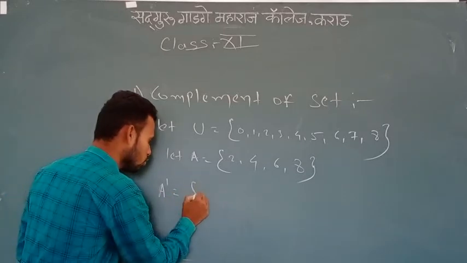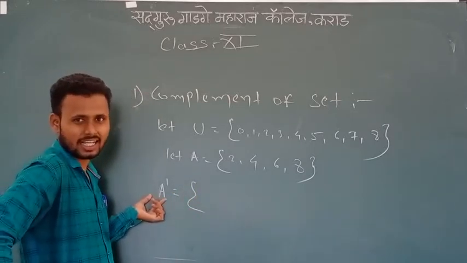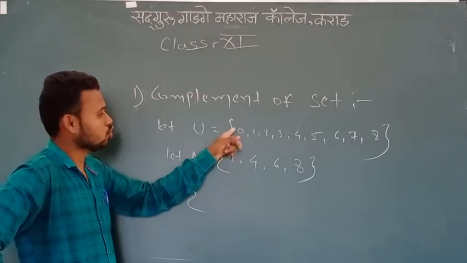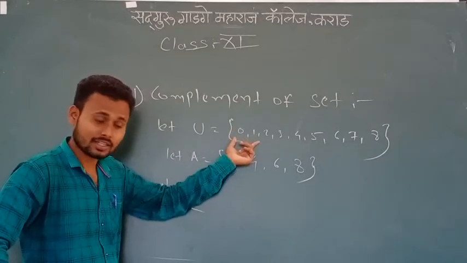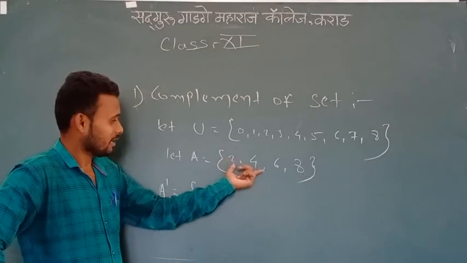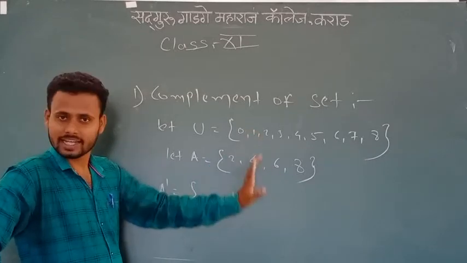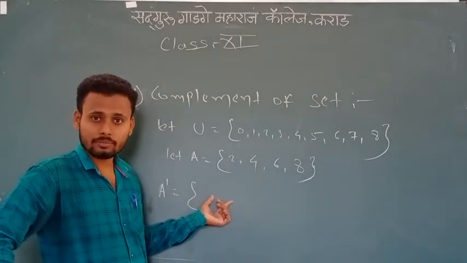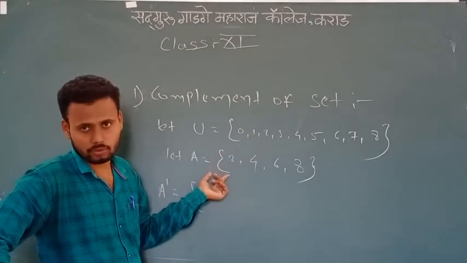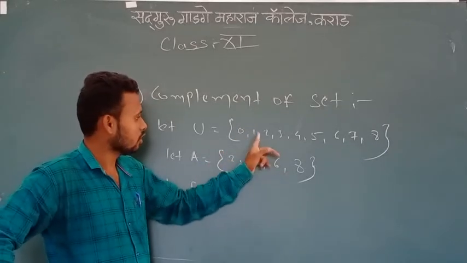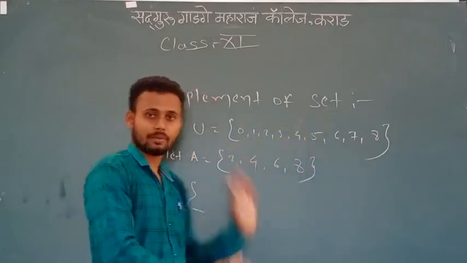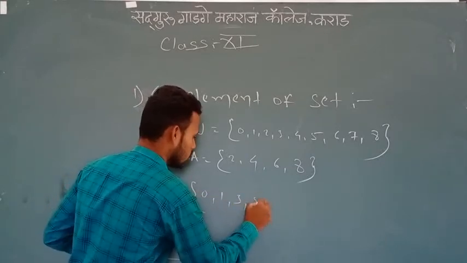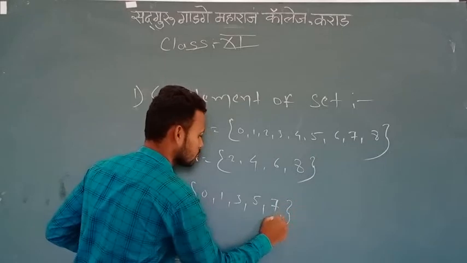We know that A complement is the set containing all elements in U which are not in A. That is, all elements of U such that they are not in A. Simply, leave out the elements that are in A, and take whatever remains in U. That is A complement. Okay. A complement is the set containing all elements which are in U but do not belong to A. So 2 4 6 8 will not come. The remaining elements in A complement are 0 1 3 5 7.